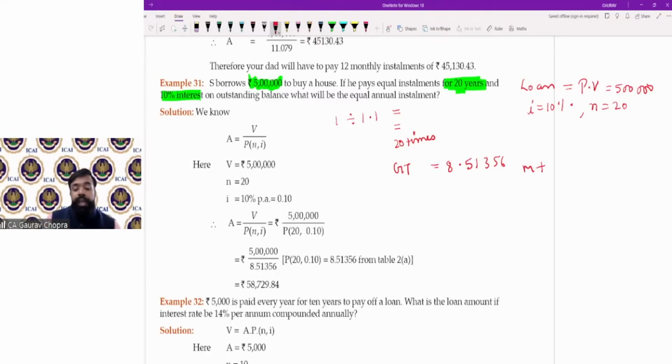Now what is the next step? Right, type the present value which is given in the question. कितना लोन लिया था? 5 lakh divided by MRC and now press equal to sign.